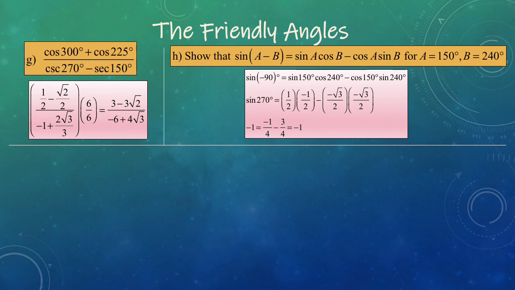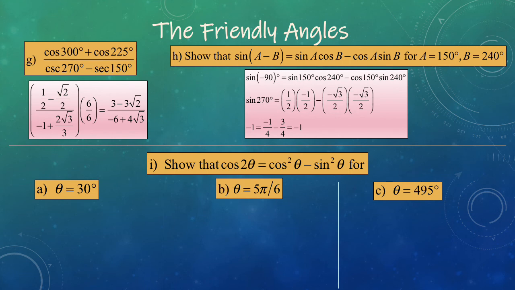To find the sine of negative 90 degrees, we add 360 to get the sine of 270, which is negative 1. Sine of 150 degrees is 1/2, while cosine of 240 degrees is negative 1/2. Cosine of 150 degrees and sine of 240 degrees are both negative square root of 3 over 2. So we end up with negative 1/4 minus 3/4, which is negative 1.